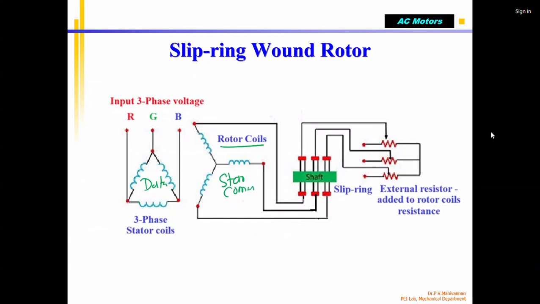You have a three-phase rotor. I supply RGB voltages, VR, VG, VB. There will be currents IR, IG and IB flowing, three-phase.